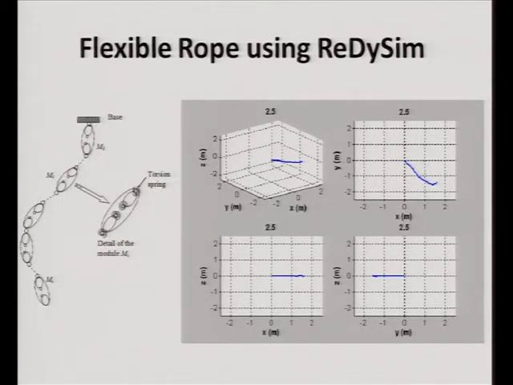So, people thought of approximating this as a series of small rigid bodies connected either with the revolute joint or the Hooke's joint, okay, or the universal joint. And to take care of its flexibility, you can introduce springs here.